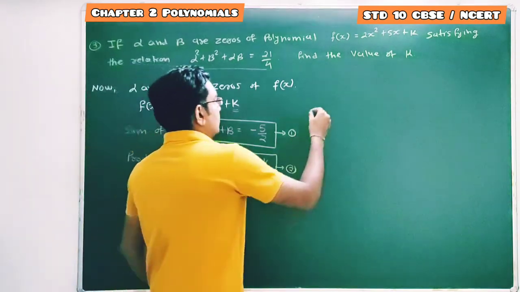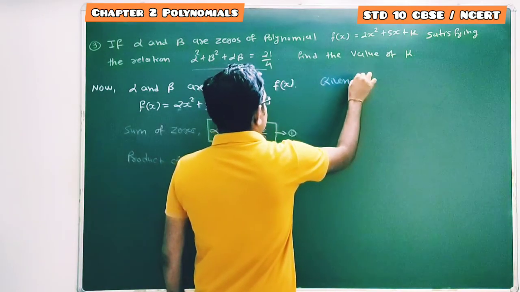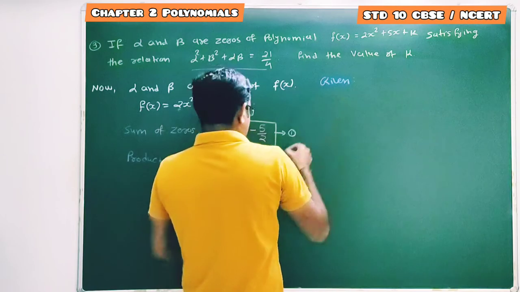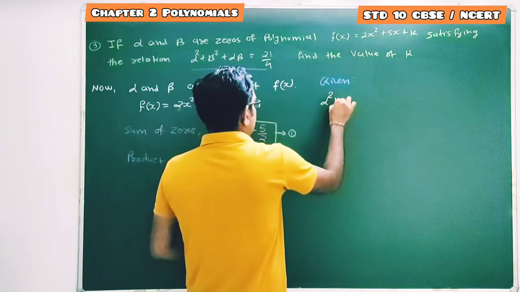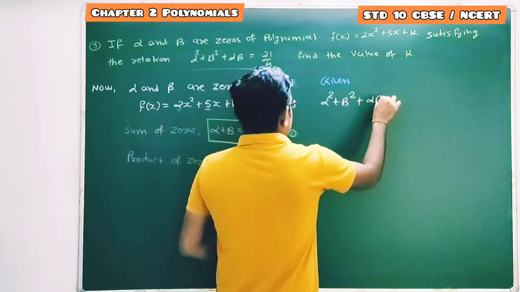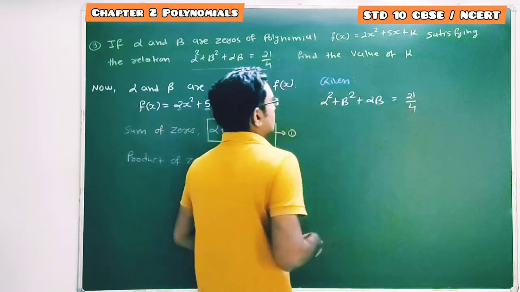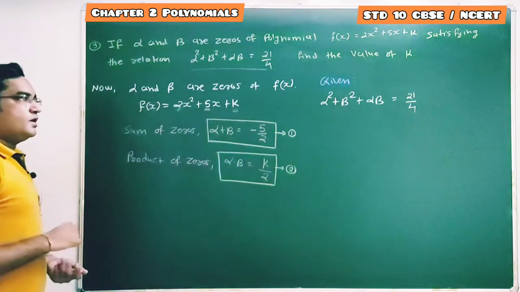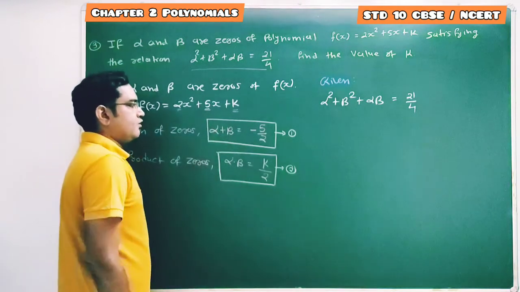Done? So now given, we will start with given: alpha square plus beta square plus alpha beta equal to 21 by 4. Now in this given we have to make use of alpha plus beta and alpha into beta.